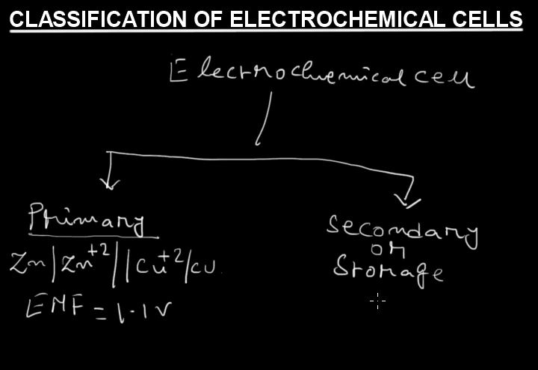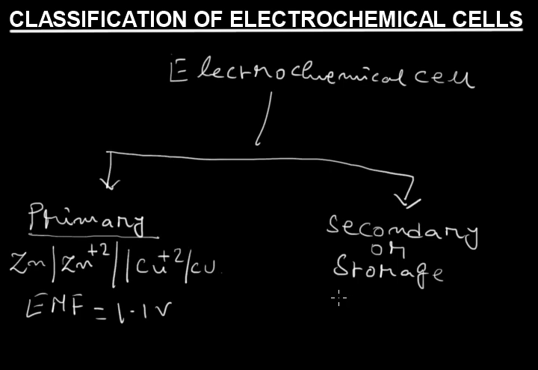But in a secondary or storage cell, by means of chemical reaction we get electrical energy, and when the reaction is over and current is passed through the cell, unlike a primary cell, it comes back to its original state and again gives electrical energy by means of chemical energy.